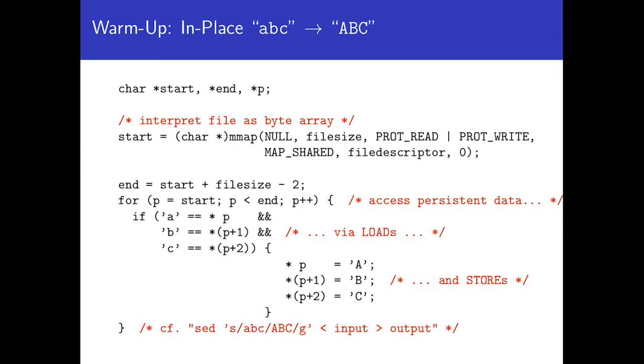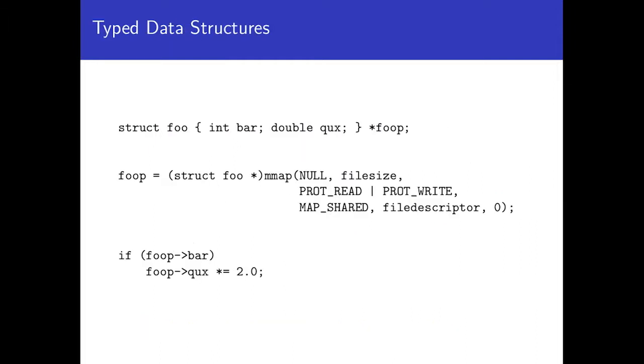But the sed program writes as many bytes as it reads, whereas this little C program only writes to the backing file those pages of the in-memory image that have been modified. In the limiting case, the string lowercase abc simply does not occur in the input, so nothing gets written. Okay? Persistent memory programming can be more efficient than obvious alternatives.